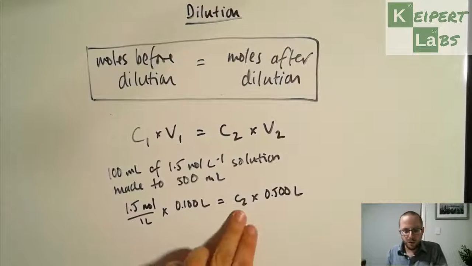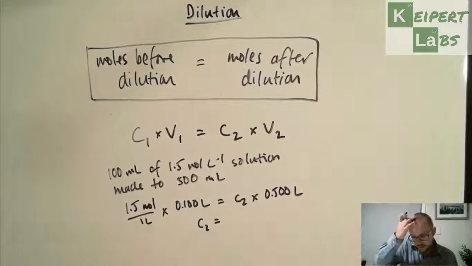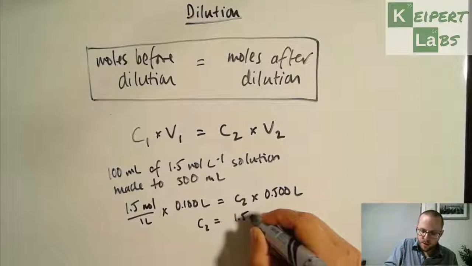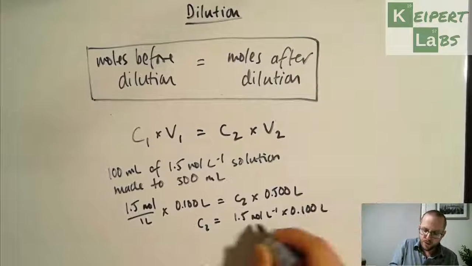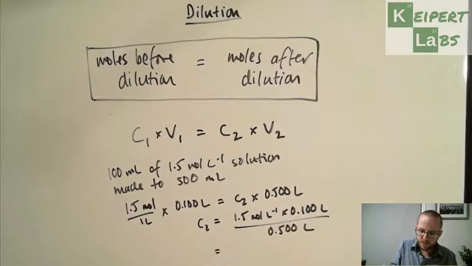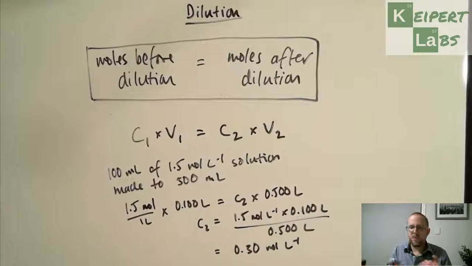Okay, so I'm going to rearrange this so I can solve for C2 equals 1.5 moles per litre multiplied by 0.100 litres divided by 0.500 litres. Okay, and so we get 0.30 moles per litre.